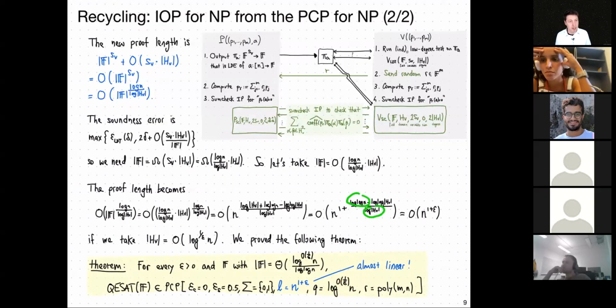So for any desired epsilon, I can make the proof length arbitrarily close to N, as long as I'm willing to pay for it in a bigger and bigger polylog of the queries, which is great. We went from cubic to N to the 1 plus epsilon. That's not bad.